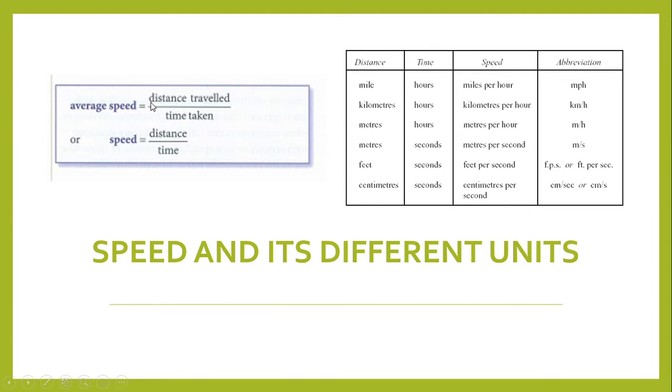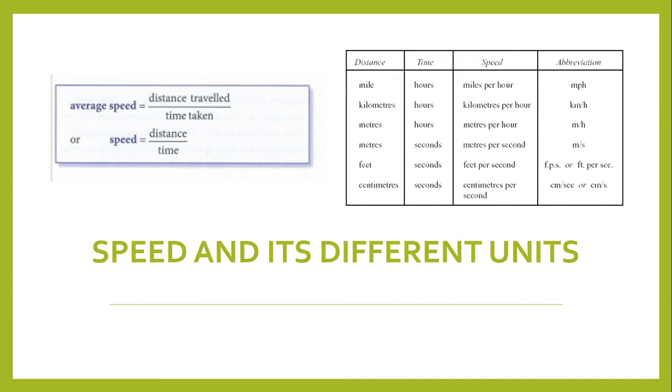So, we talk about speed in our daily life, right? We say that something is traveling fast, or that a snail was going too slow, or that the runner was running fast.